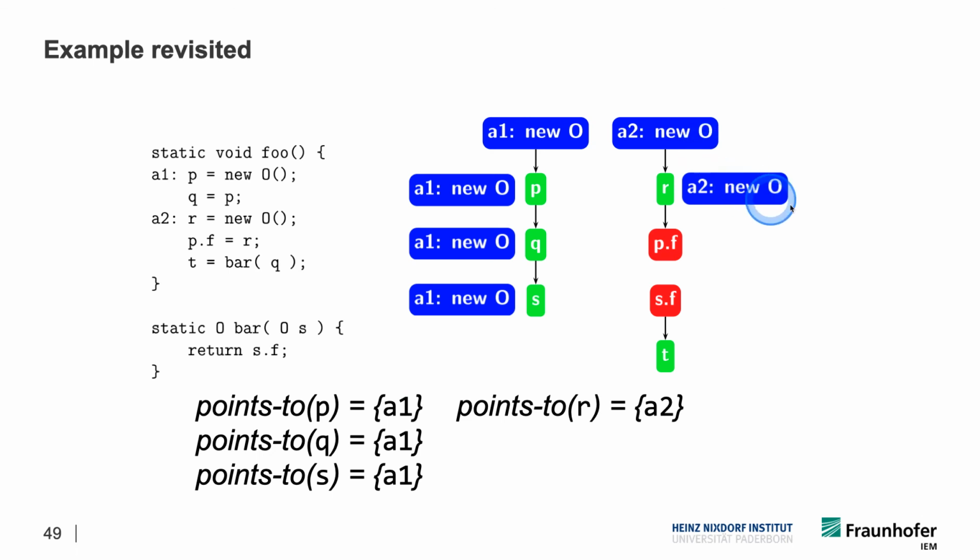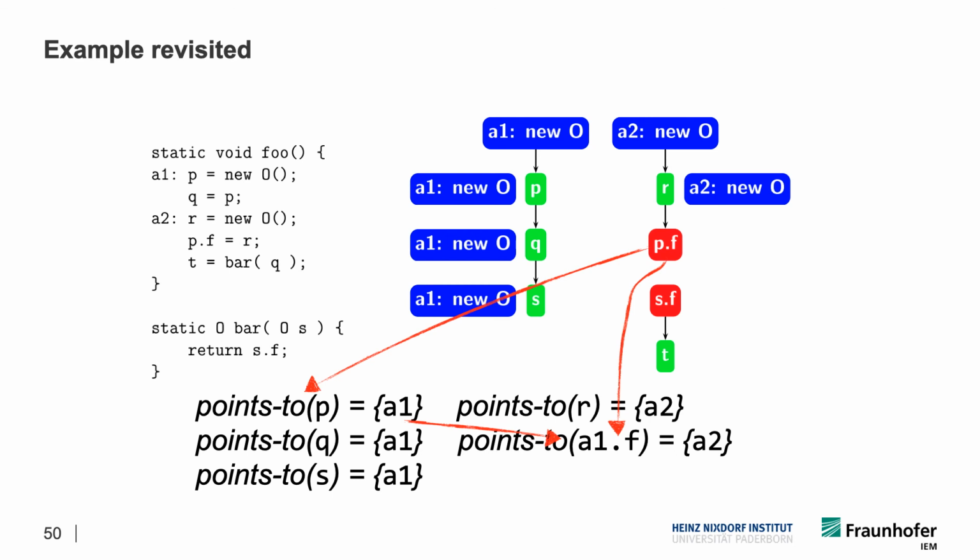So this will be propagated to the points-to set of R. And now the interesting case happens, right? So here we are looking at P.F, and the points-to set of P contains A1. So we are creating a new concrete field node, A1.F, and we are adding A2, which is being propagated here, to its points-to set. Okay, so this is basically a new yellow node that we are creating here.